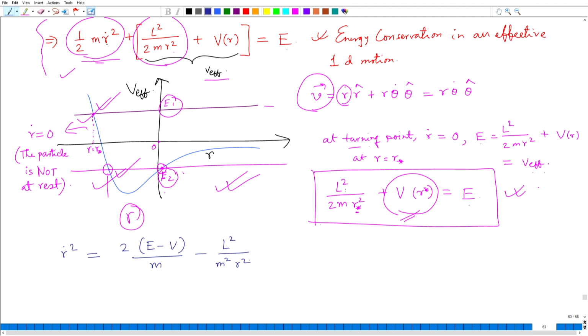This is the general expression for r dot square, and of course, when the particle is at such an r where it faces a turning point, then r dot square is 0, and this part is exactly equal to this part.